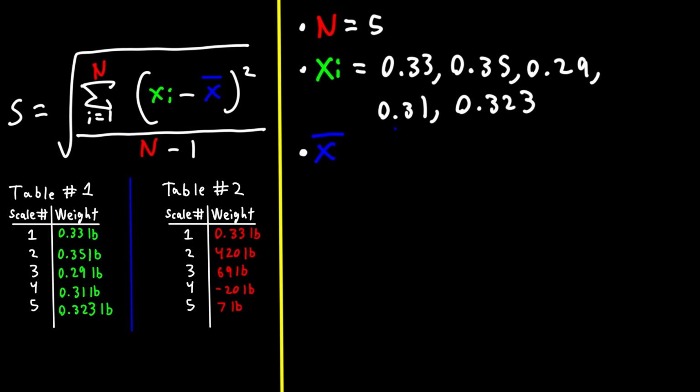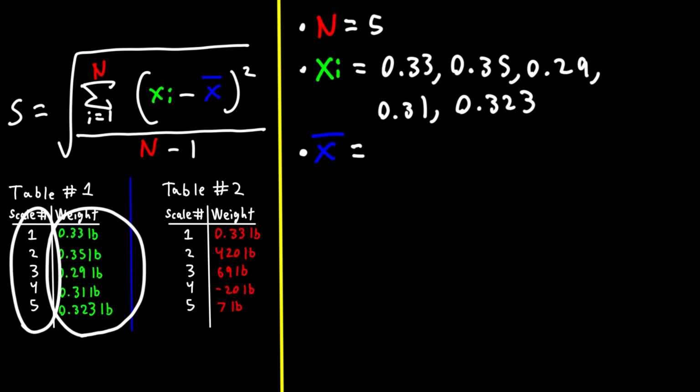X, with the line over it, I actually don't know what the symbol is called, but I don't care, represents the average of these numbers, or the average of the measurements. Now, to solve for the average, we have to add all of these numbers up and then divide them by the number of measurements, which is 5.